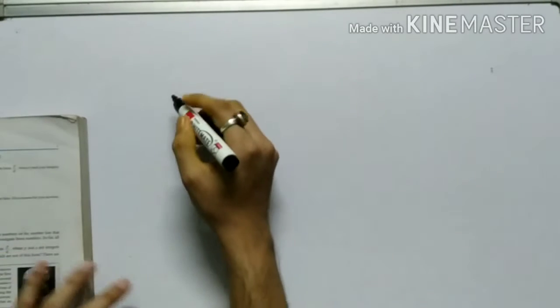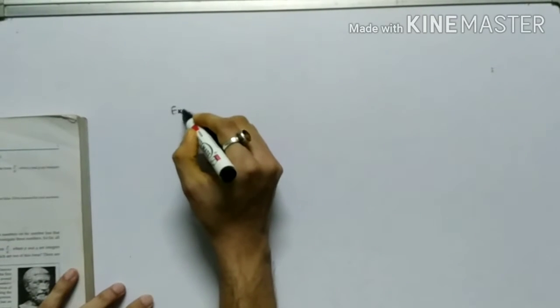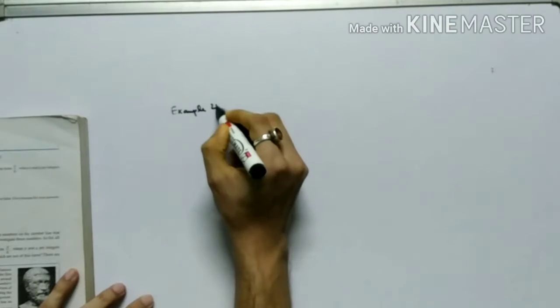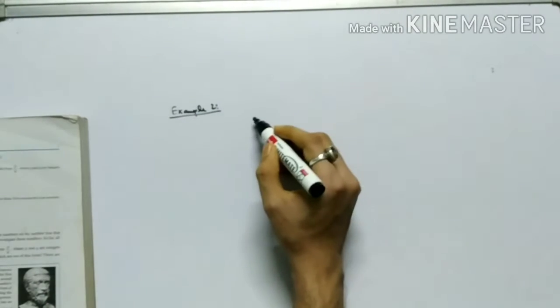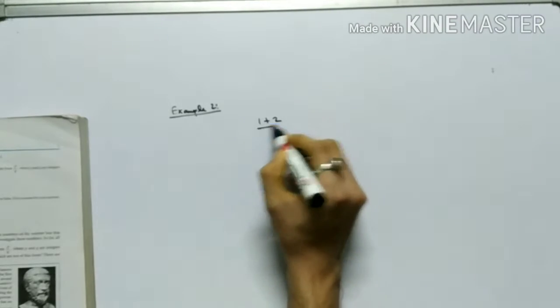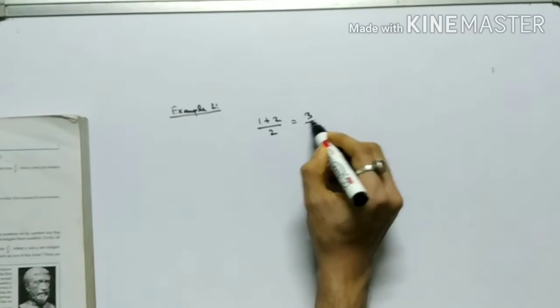Example 2, find 5 rational numbers between 1 and 2. So 1 plus 2 by 2 I will do, which is equals to 3 by 2.